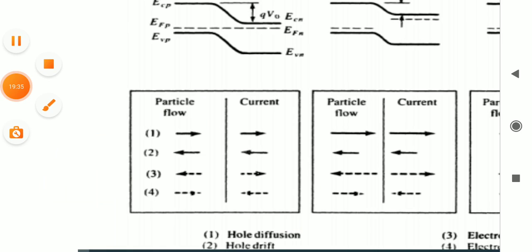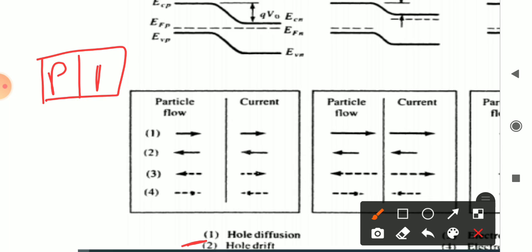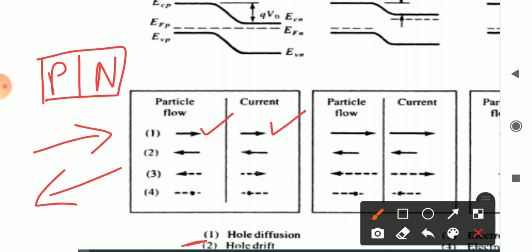Now the second terminology is hole drift. Again we consider a PN junction. We just studied diffusion current and drift current, two terminologies. If hole diffusion is in one direction, hole drift will be exactly opposite to hole diffusion. Getting my point? This is hole diffusion, and the current direction is the same as the hole.